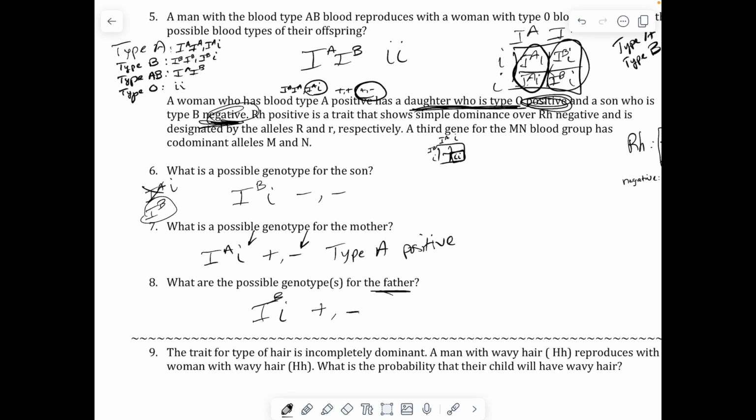Okay, so he could be IB little I plus minus, or, I mean, technically, he could also be negative, negative. And that's because if he is negative, negative, and the mom is negative, positive, there's still the opportunity to, like a 50-50 shot, half their kids will be negative, and half of them will be positive. So these are the possible answers for the father.